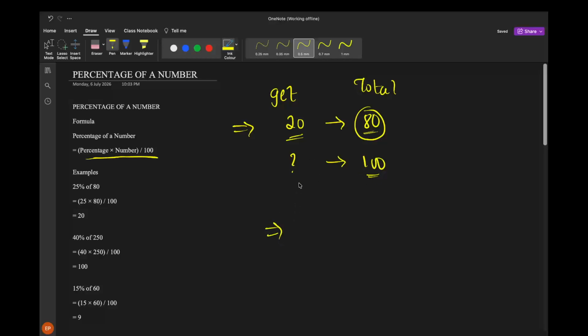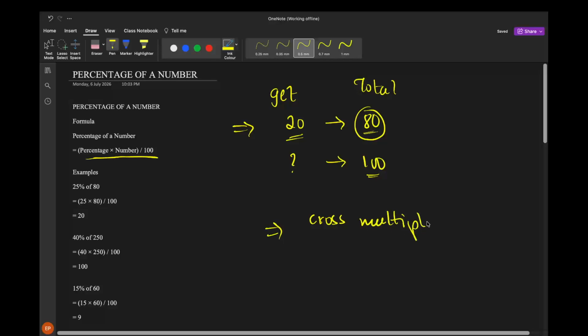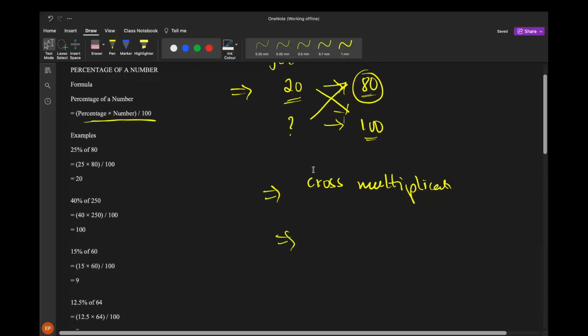So basically it is cross multiplication. Please do remember cross multiplication, this will help so many times. I am getting 20 for 80. How much should I get for 100? Multiply these two: 20 into 100 divided by 80.